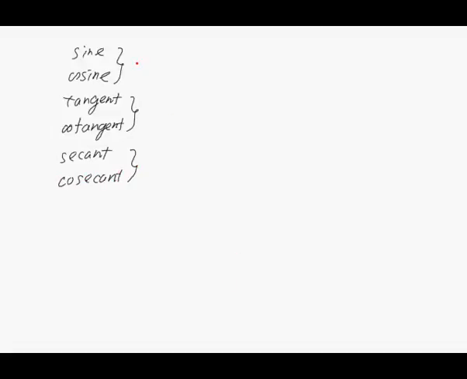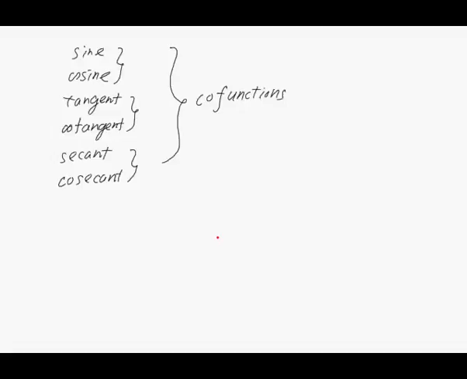In each group, they are called cofunctions. So sine is a cofunction of cosine, tangent is a cofunction of cotangent, and secant is a cofunction of cosecant, and vice versa.